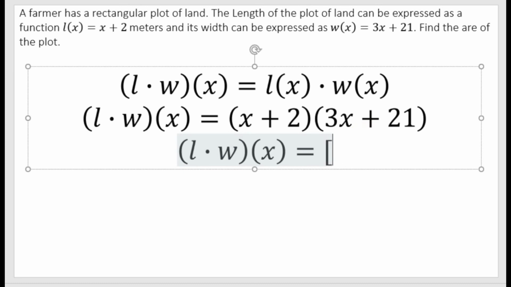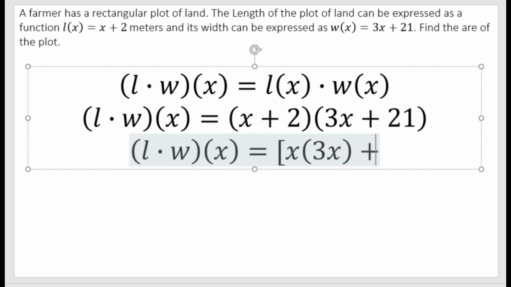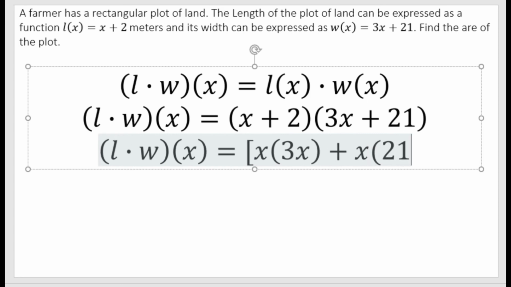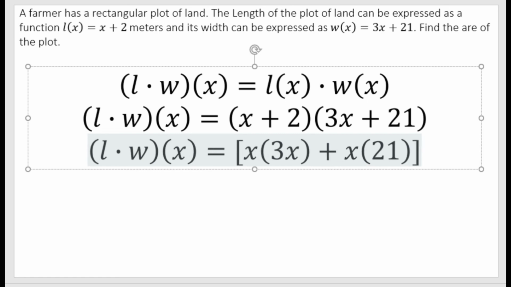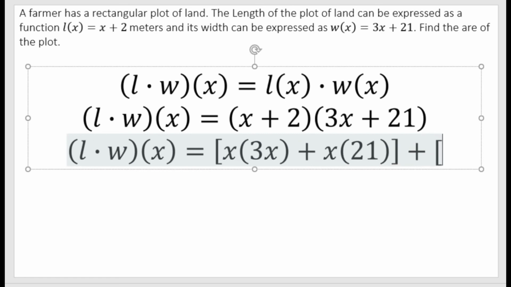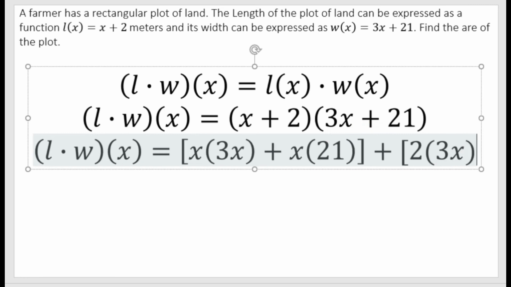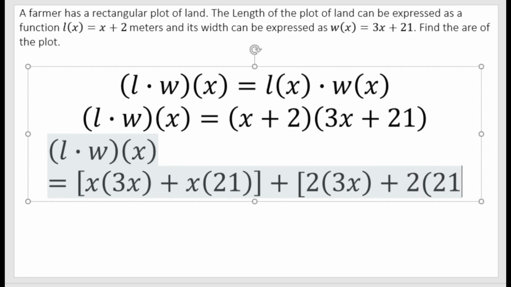We'll have x times 3x plus x times 21 plus 2 times 3x plus 2 times 21.